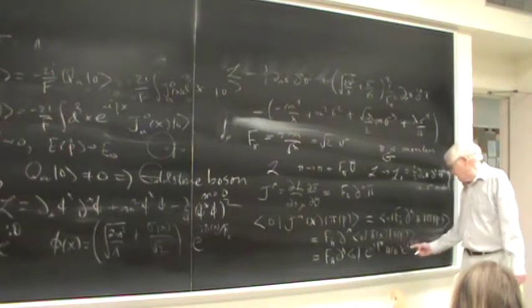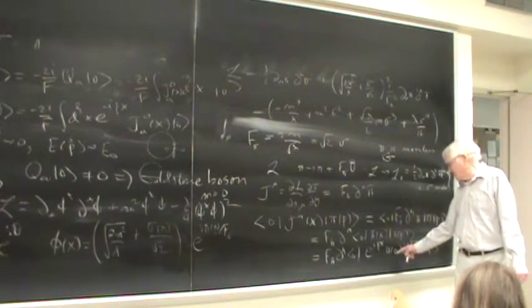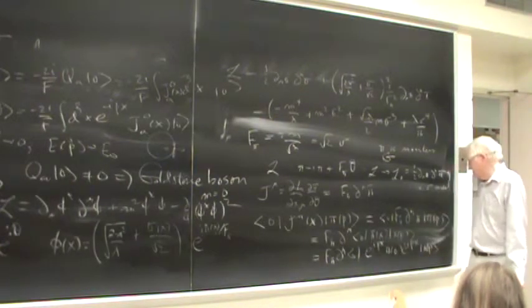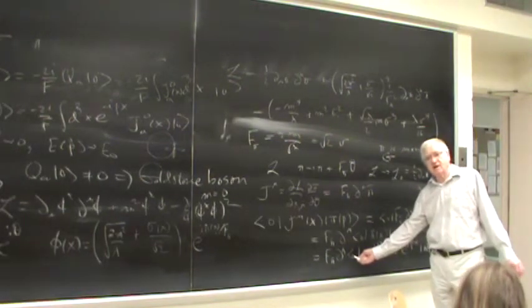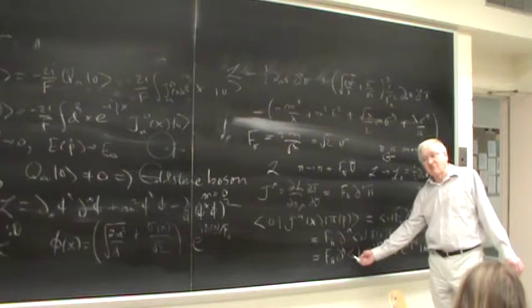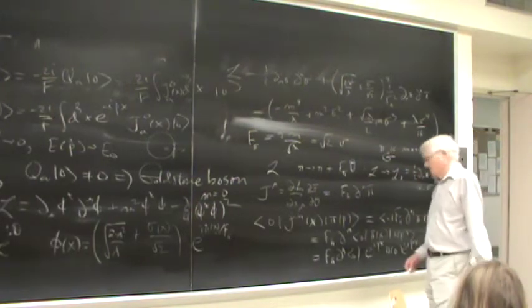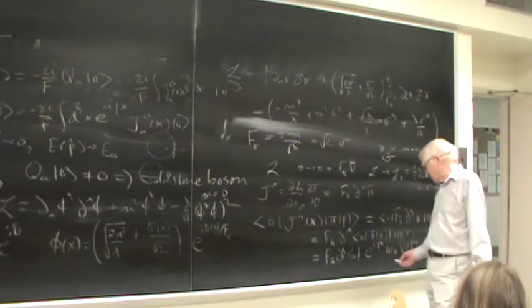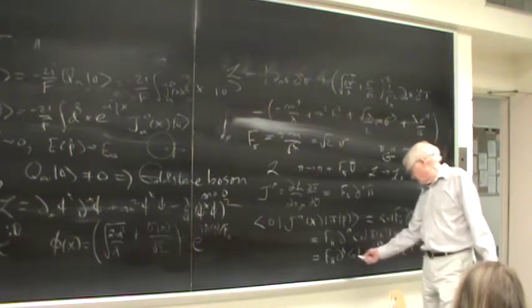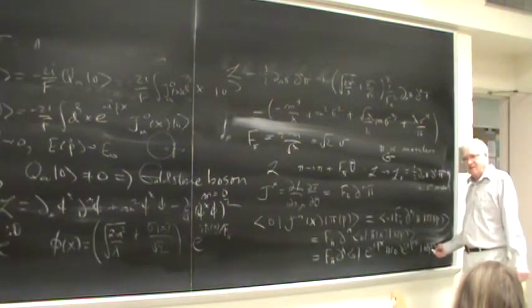They generate translations. This is a unitary operator. This takes pi of 0 to pi of x. On the other hand, the vacuum is an eigenstate of p mu with eigenvalue 0 because it has no energy or momentum. Well, we're talking about E0, but let's just imagine that we've changed E. We're not doing dark energy here, so let's set E0 to 0. In that case, this guy is 0 acting on here. But this one is not. This gives us a p.